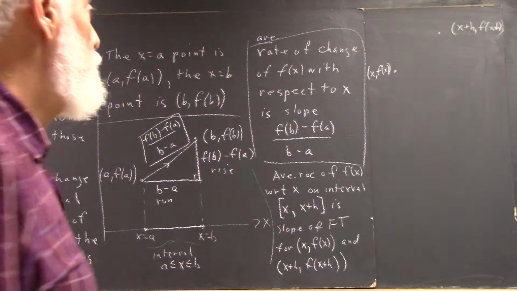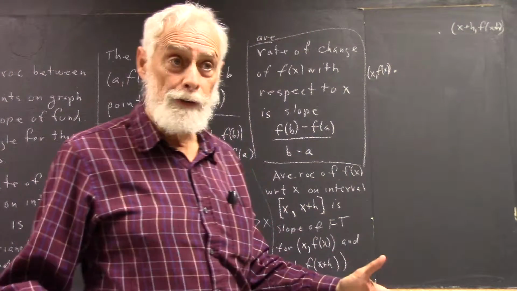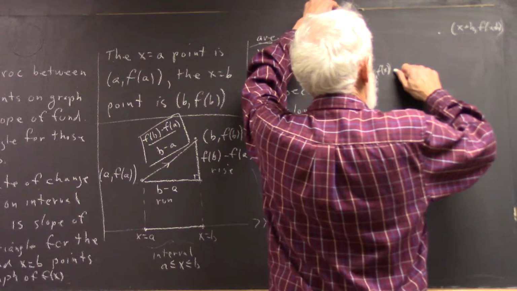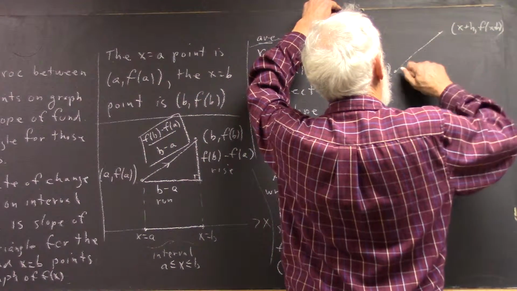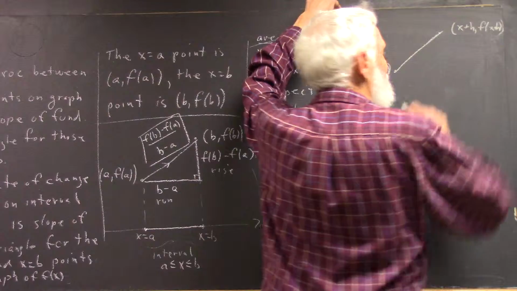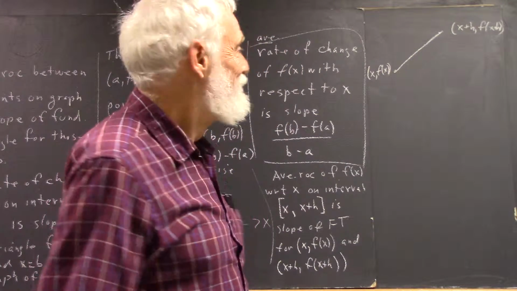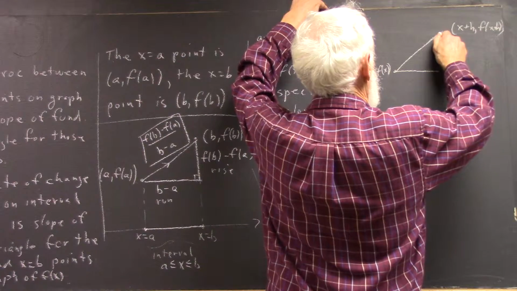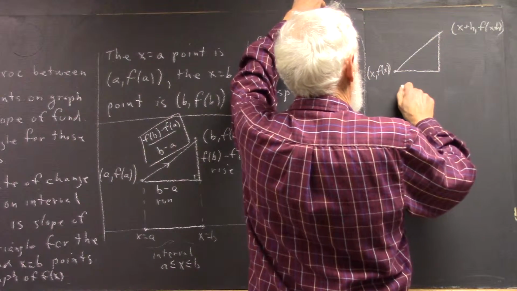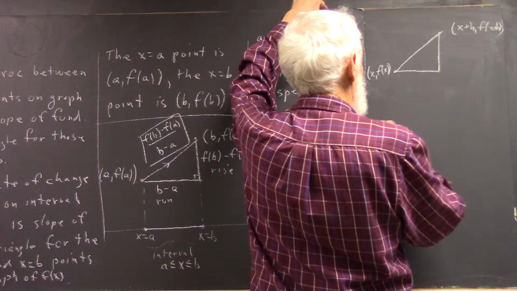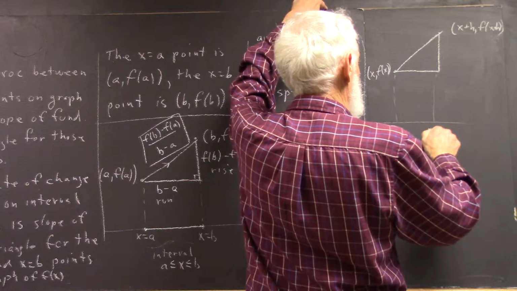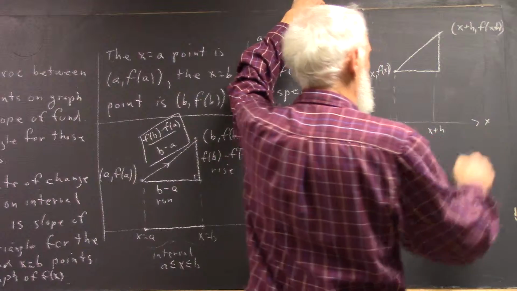I can't see, the screen has all kinds of stuff written on it, but I'm pretty sure I am. Nice straight line. Fundamental triangle. And of course, this corresponds to an interval down here from x to x plus h on the x-axis.